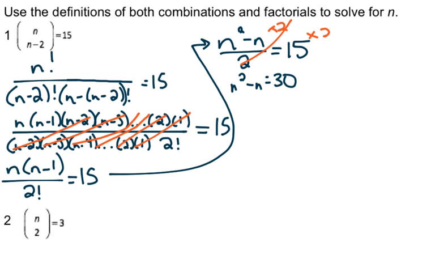And in order to factor, we need to have 0 on one side, so we'll move the 30 over. And at this point, we can think about factoring. Two numbers that multiply to negative 30 and add to negative 1. That would be minus 6 and plus 5.